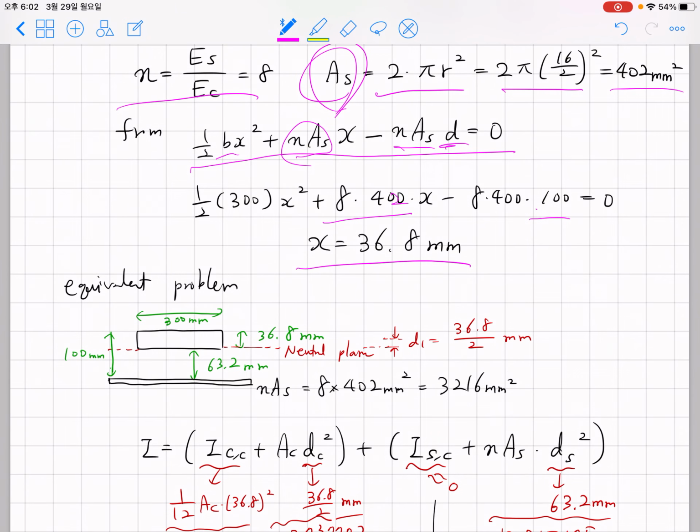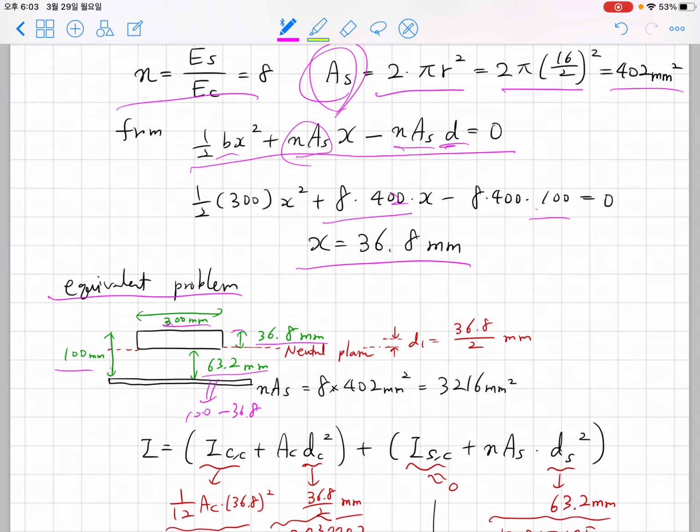Now, if we convert this to the equivalent concrete problem, we have this. The distance to the neutral plane from the top is 36.8 millimeter. Width is 300 millimeter. Distance to steel is 100 millimeter. And we have the distance from the neutral plane to the steel, which is 63.2, obtained by 100 minus 36.8.